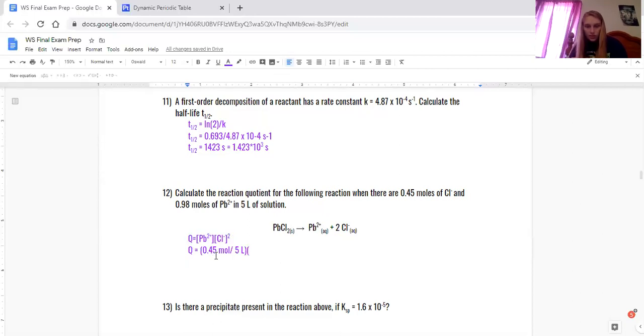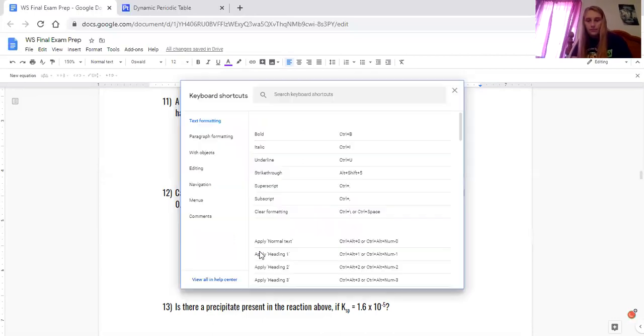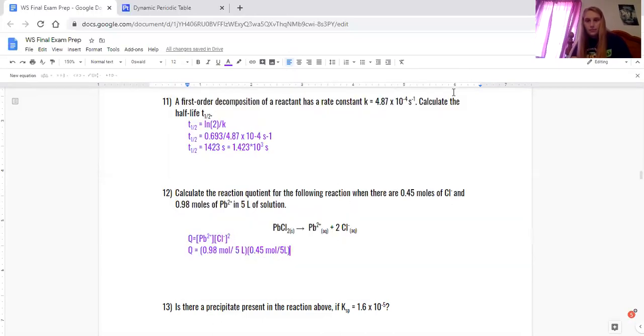This is our 0.98 because this is the times all this again, 0.45 moles per 5 liters closed and squared. Okay, so then you're going to solve that to find your reaction quotient. It should equal 1.59 times 10 to the negative 3.